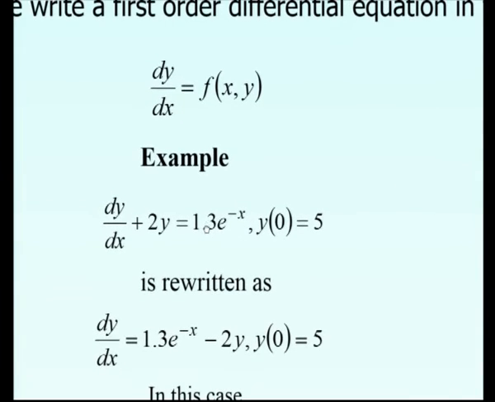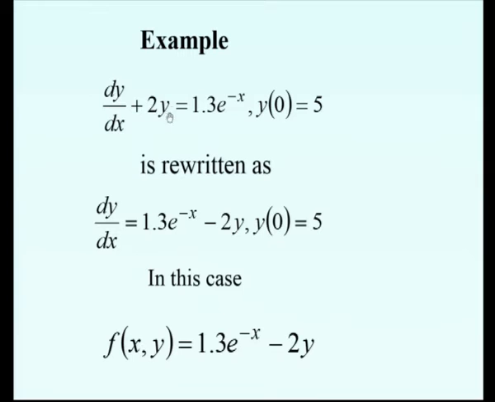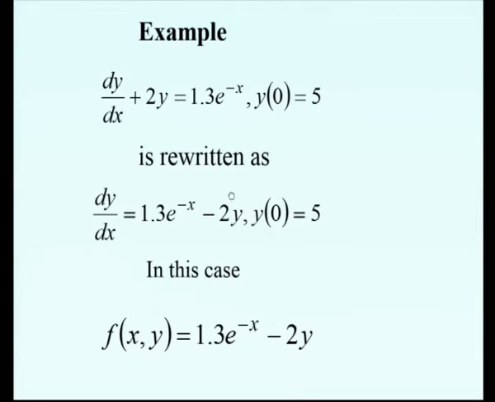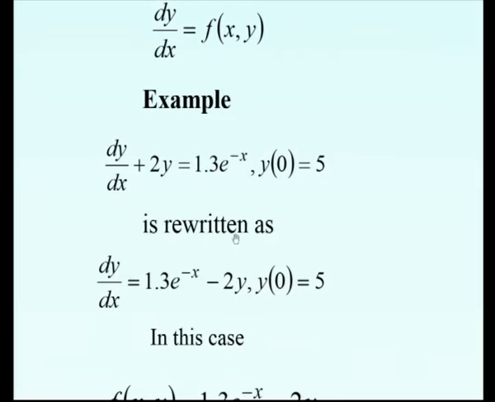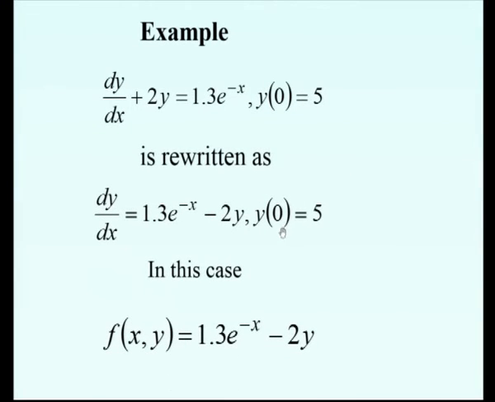We would like to convert this equation into the form dy by dx equal to f of x, y. How to do that? This 2y part you can take to the right side. Now it is of this form, and you can notice that the initial condition is not changed, and the differential equation is also not changed, but the form is rewritten in a different way.